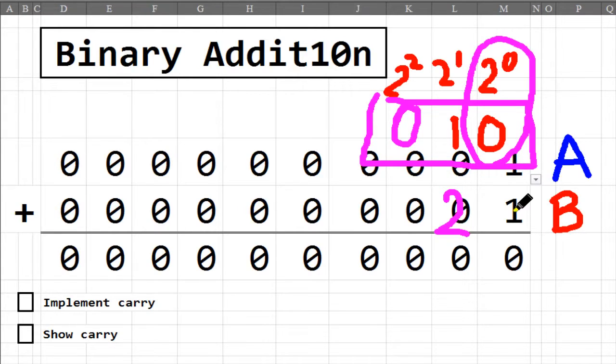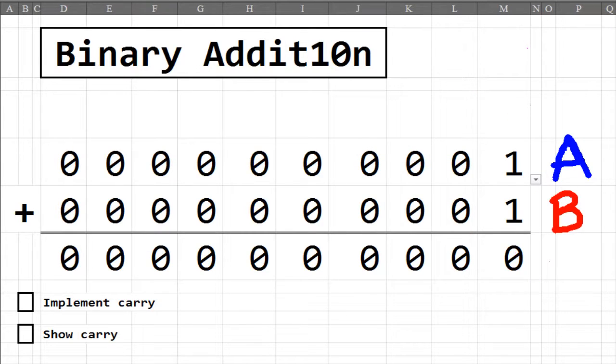So 1 plus 1 is 2. The 0 is here. But where is the 1? So how are we going to solve that problem? We're going to solve that problem by adding a concept we already know in the decimal system, and that is the carry concept.